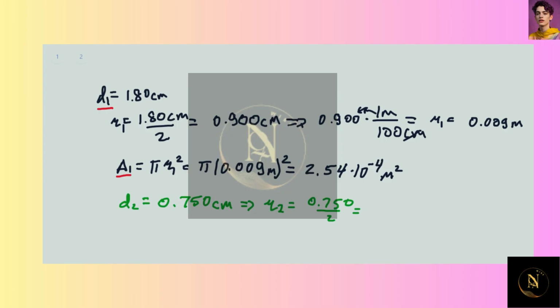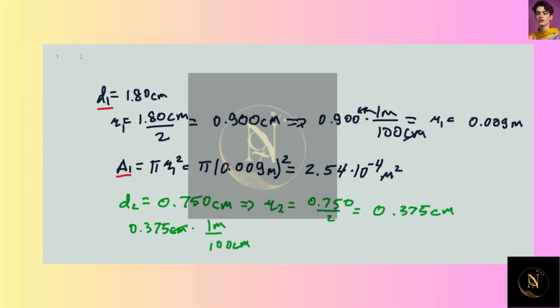And then 0.75 over 2 is going to equal 0.375 centimeters. And then finally, we have to convert 0.375 centimeters into meters.